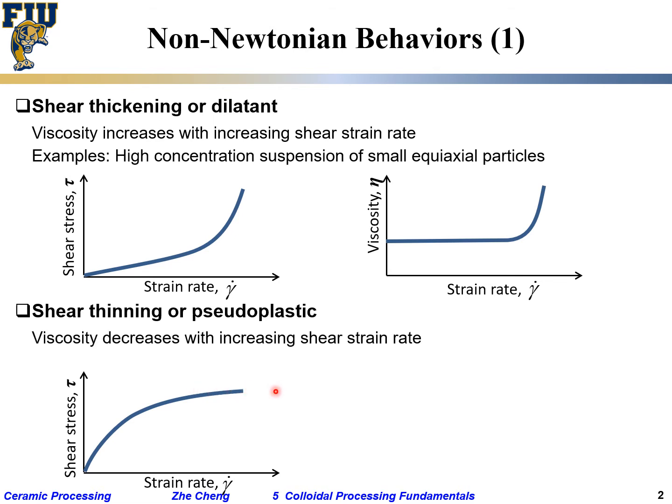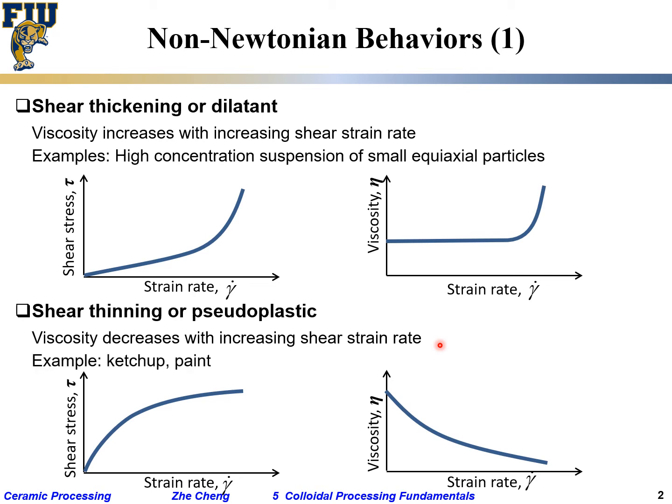Viscosity decreases with increasing shearing strain rate. If we plot viscosity versus strain rate, we would start from somewhere and decrease. That's shear thinning behavior. A lot of polymer suspensions and polymer solutions behave like this.